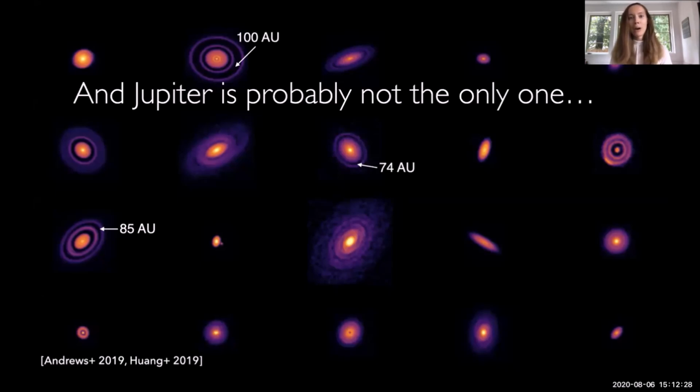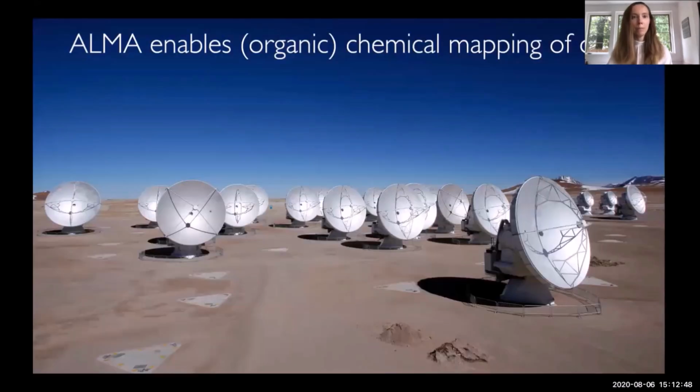What I want to do now is completely switch gears and talk about how we can use millimeter astronomy and maybe one day centimeter astronomy to map out what the chemistry is like in these disks and actually anchor the rather simplistic model that I presented to you a couple of slides ago.